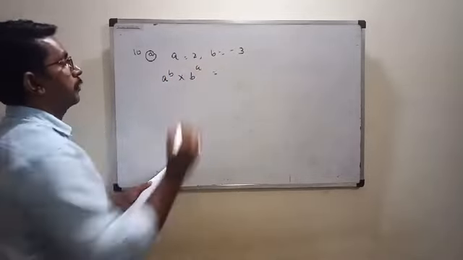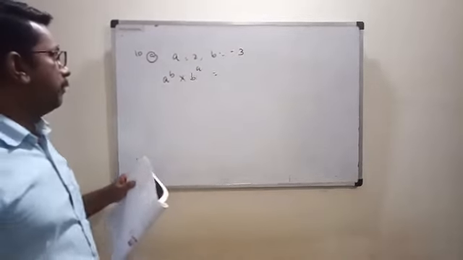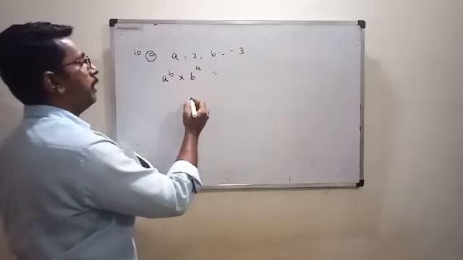Given a is equal to 2 and b is equal to minus 3, find the value of a to the power b into b to the power a.